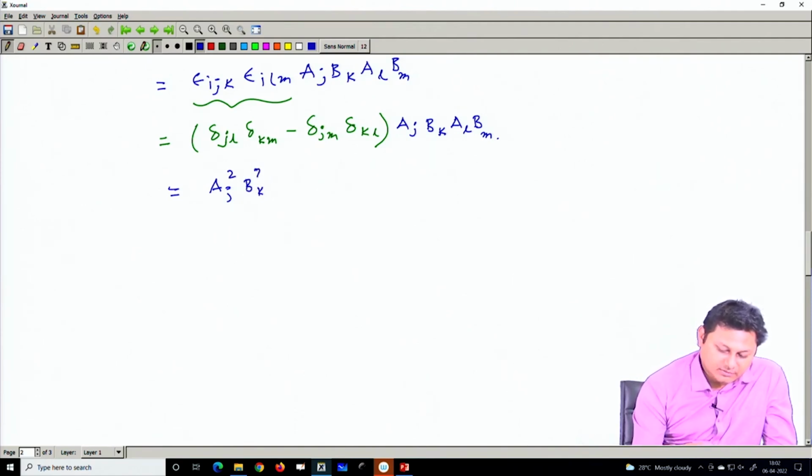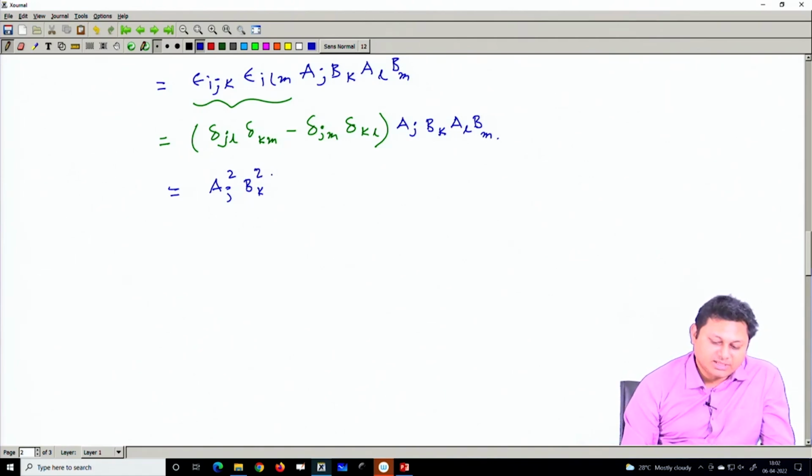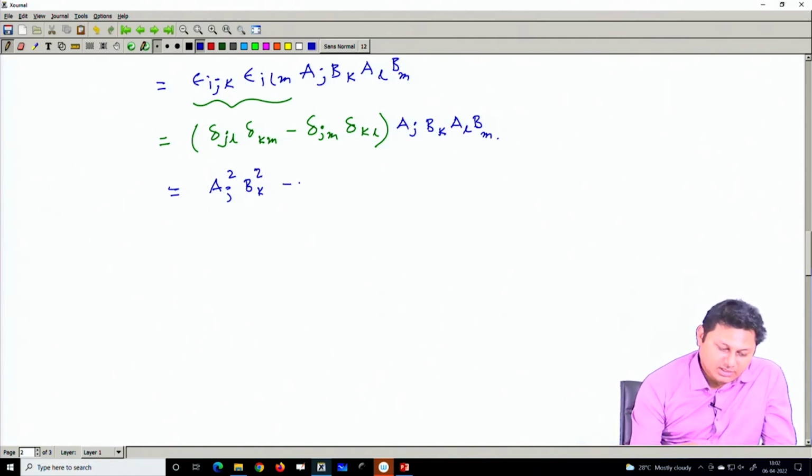So, the first term will be simply A j square B k square. What about the next term? Minus. So, A j is there, I can put A j. Then m should be j. Okay. B k is also there, so I put B k. So, A l should be A k, and B m here should be B j.